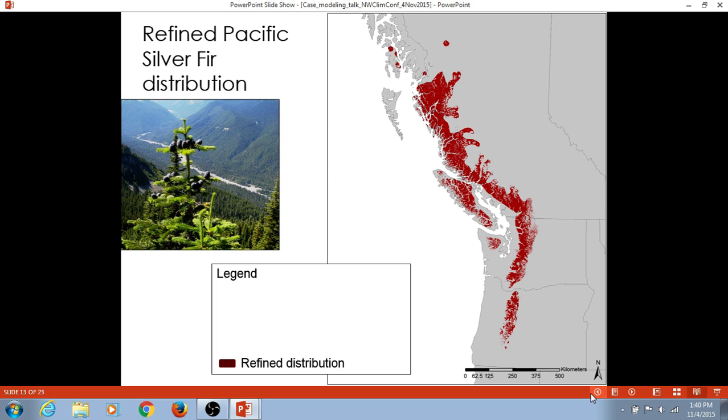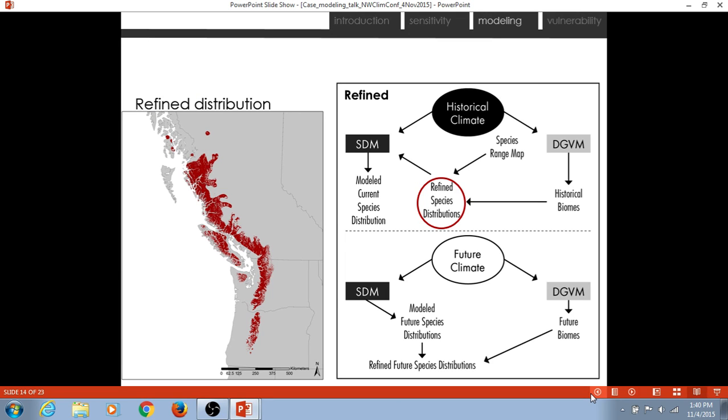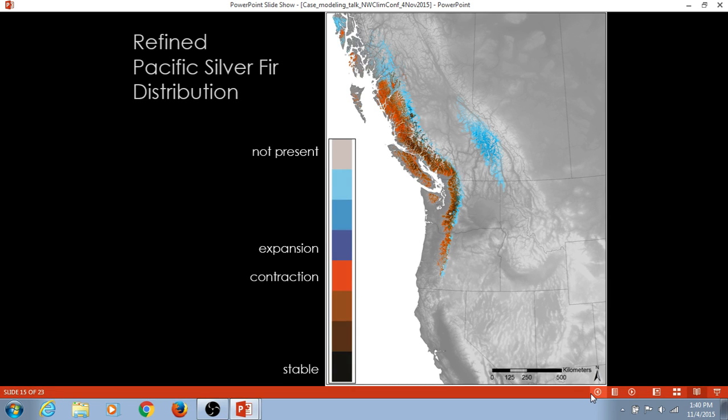That's what I use to then build the statistical model, okay? And then apply that future climate data, and then refine it again with the future DGVMs, okay? So after all this is said and done, and I do that two-step refinement process, these are the refined future projections for Pacific silver fir.